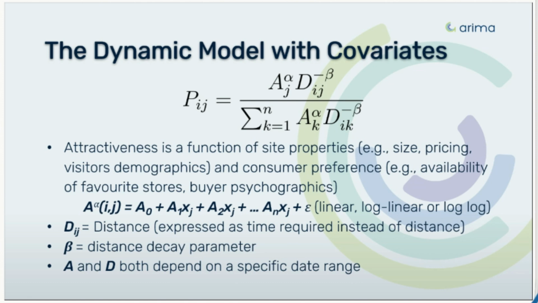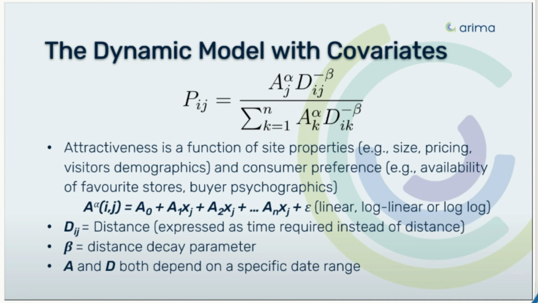And covariates really means features. So we're adding features into the model so that we're factoring both properties of the site as well as properties of the visitor, and we're calculating which of these covariates help explain visitation a little more. So here's what we've done.